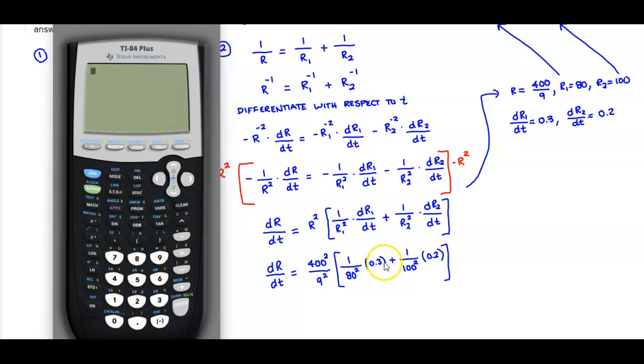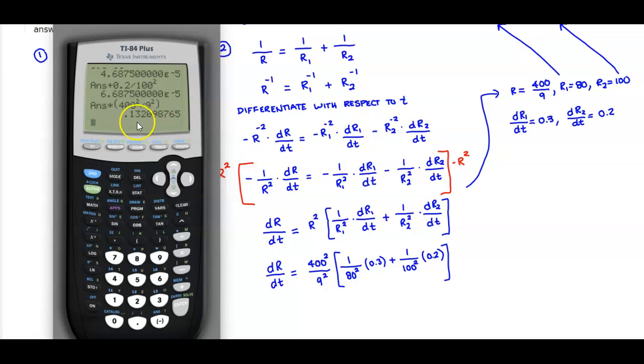We take 0.3 divided by 80 squared, plus 0.2 divided by 100 squared, and then we multiply it by, in parentheses, 400 squared divided by 9 squared.